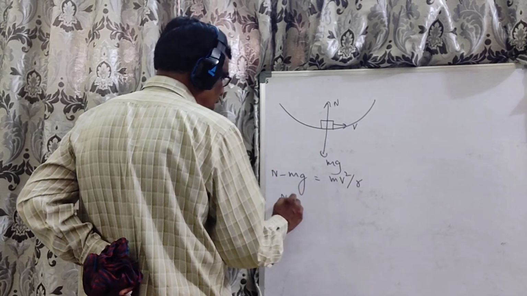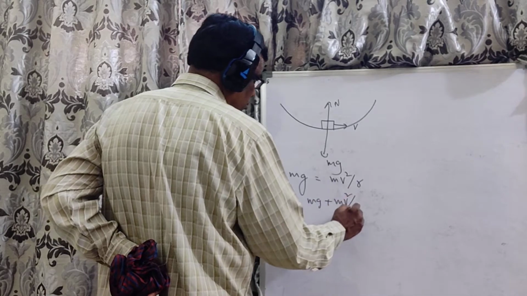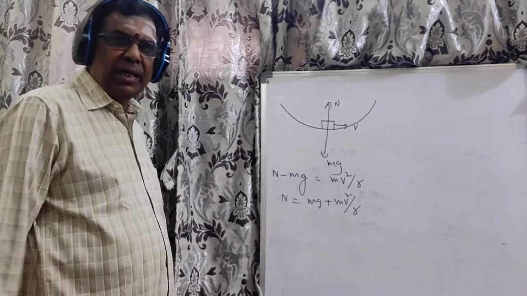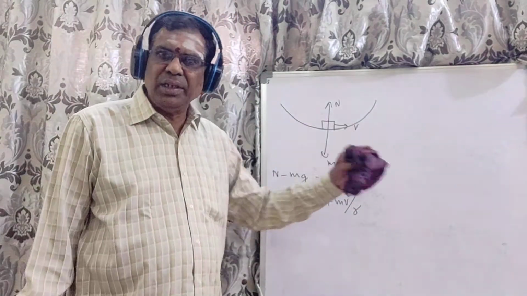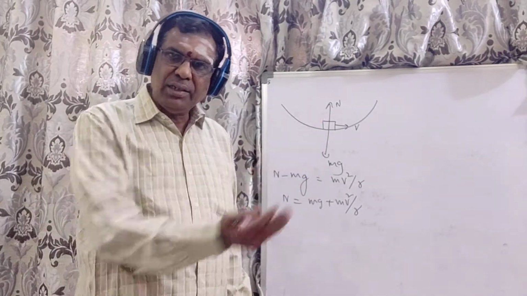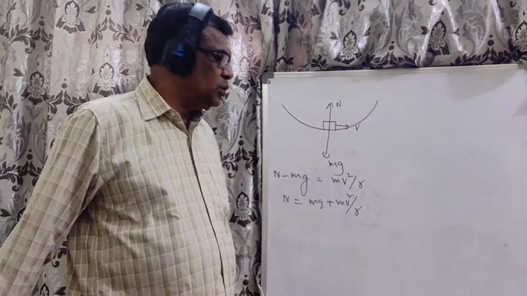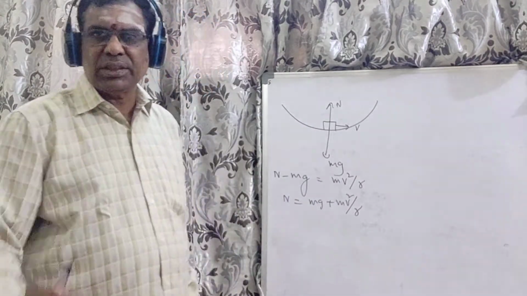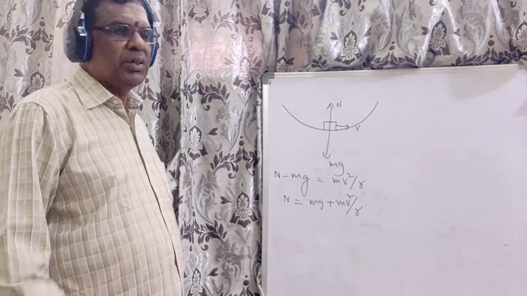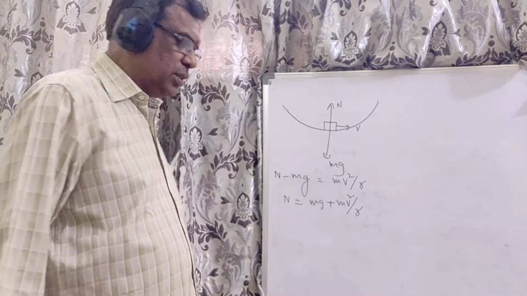So what is N here? N can never ever be 0 here. And if you have a speed breaker which is concave in nature, bodies will never lose contact no matter with what velocity they come. Of course, if they come with more velocity, the purpose of the speed breaker is completely lost.